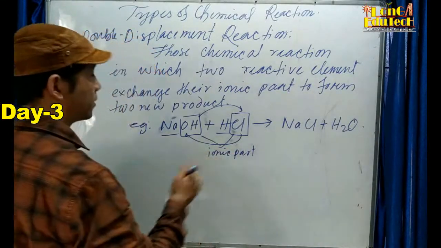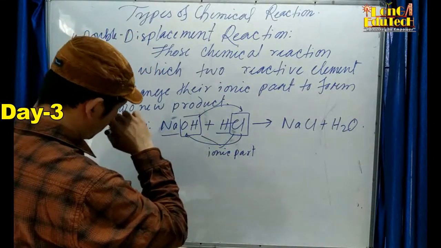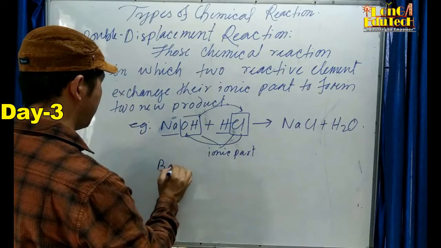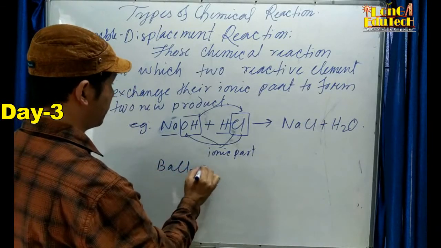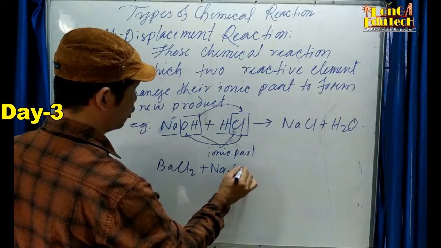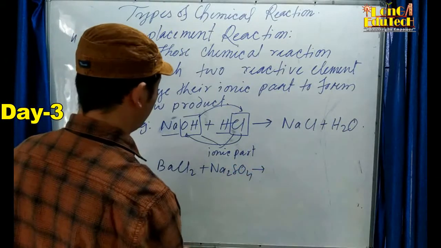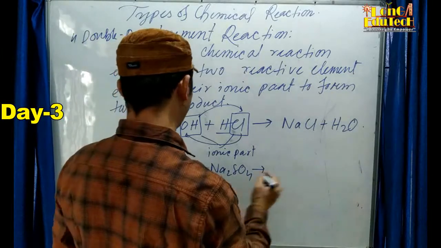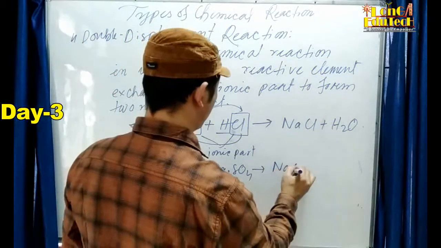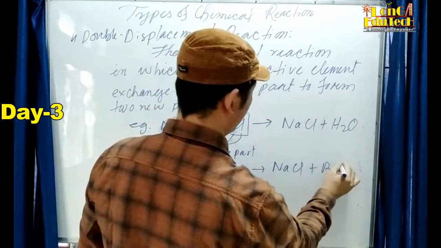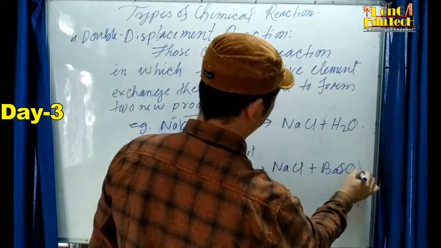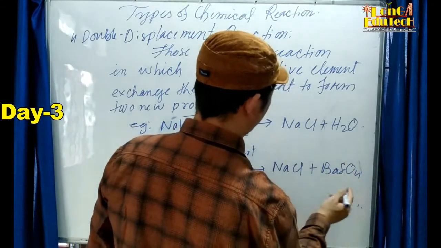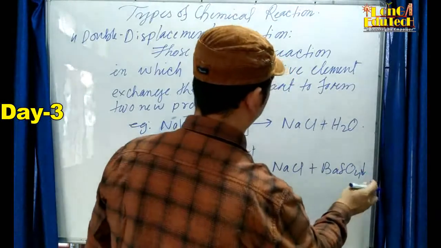We can discuss one more example. Barium chloride plus sodium sulfate, both colorless, react together to form sodium chloride plus barium sulfate, BaSO4, which is obtained as a precipitate, PPT.